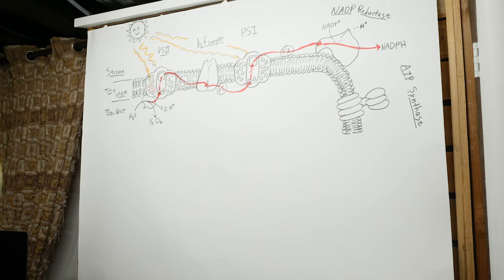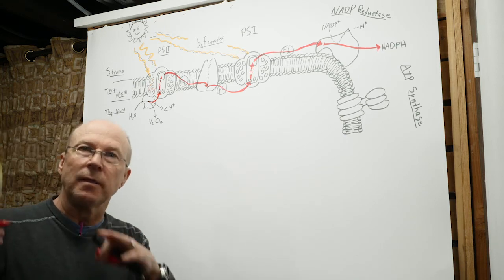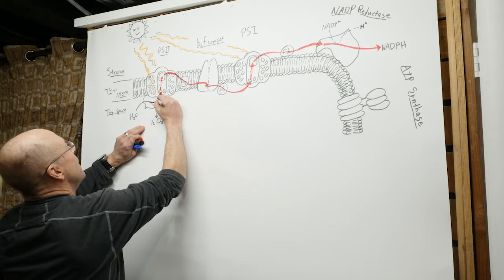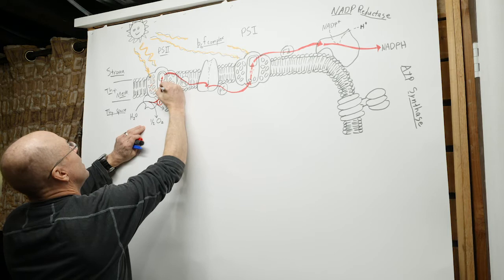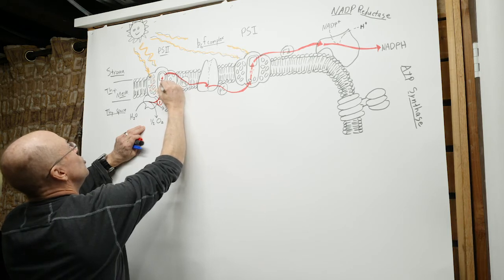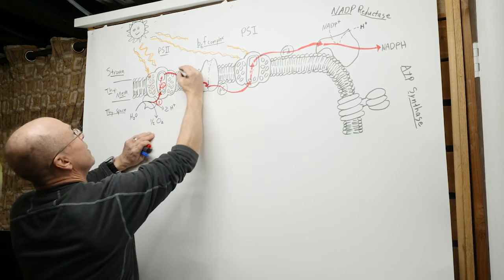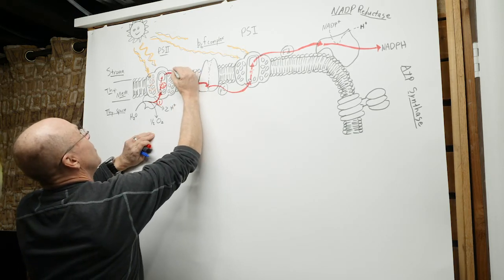Okay. So now what we're going to do is label each one of these processes. This is number 1. This one here is number 2. Then this one here is number 3.